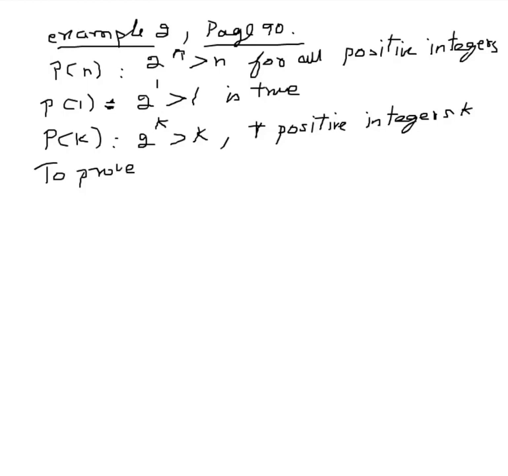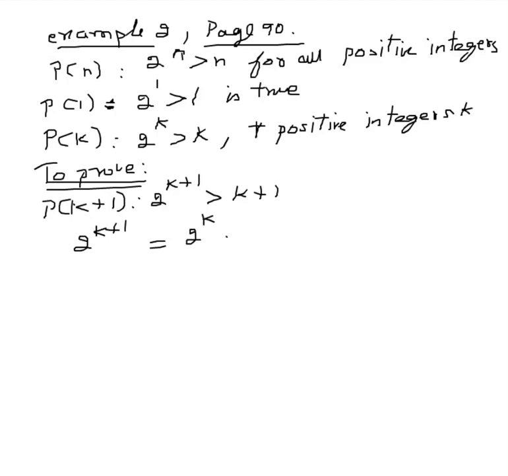Now the P of k plus 1 statement, which we have to prove, is 2 power k plus 1 is greater than k plus 1. 2 power k plus 1 can be written as 2 power k into 2 power 1.